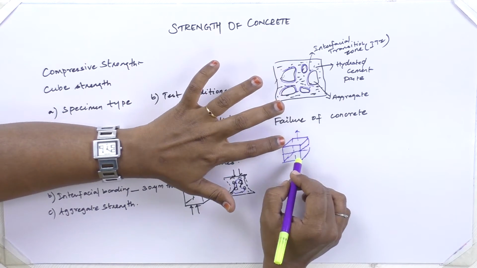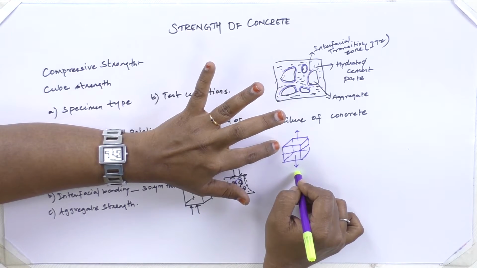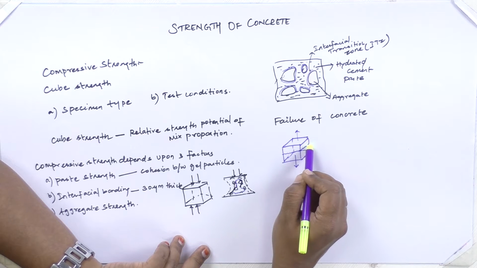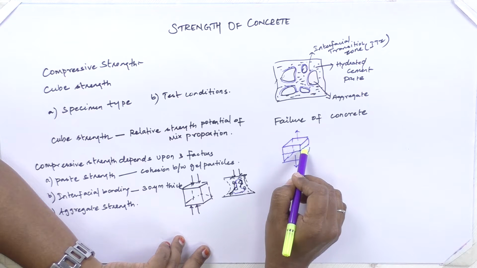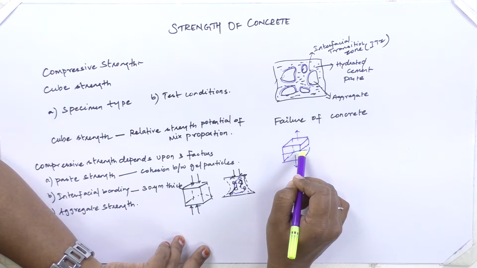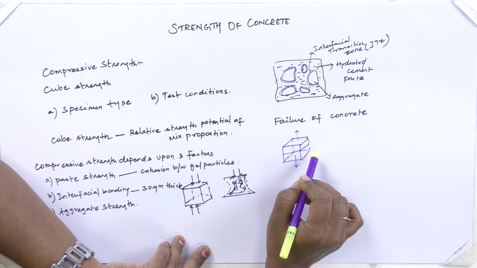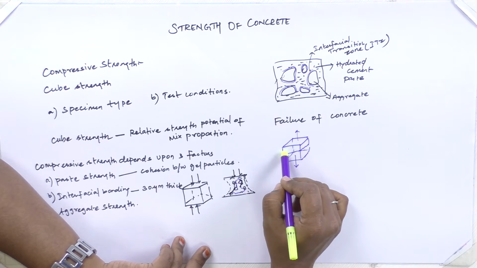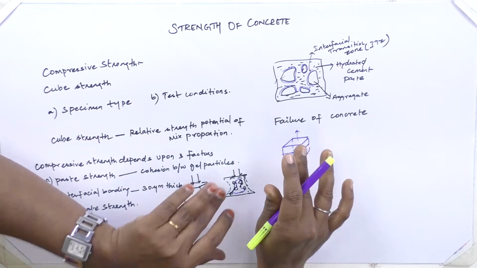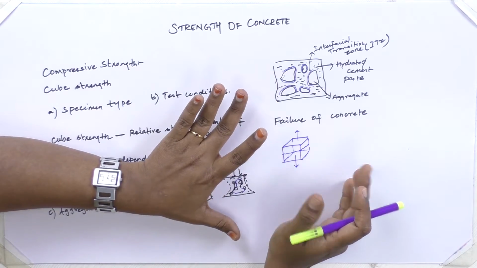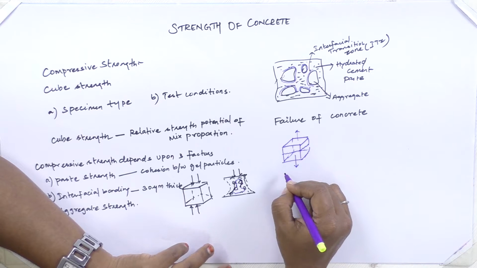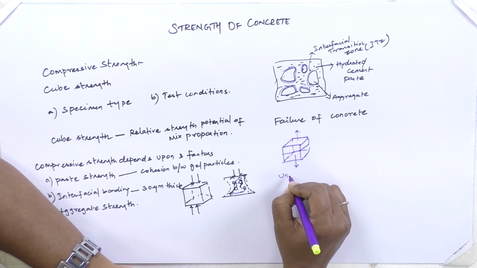The crack will form like this, and as I told you, crack propagation will take place from the flaws present in the material, and from there it starts developing, and when finally they form a network, the total collapse will take place. This failure pattern is observed when we apply uniaxial tension.